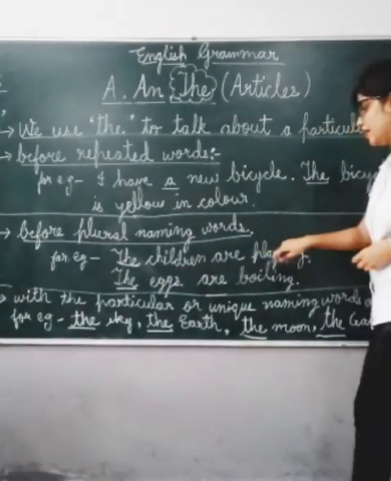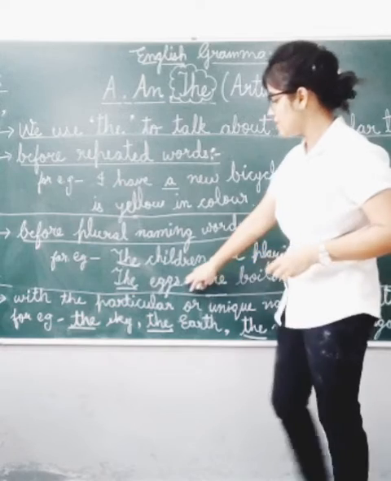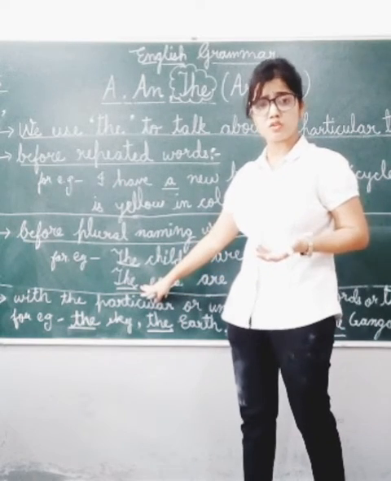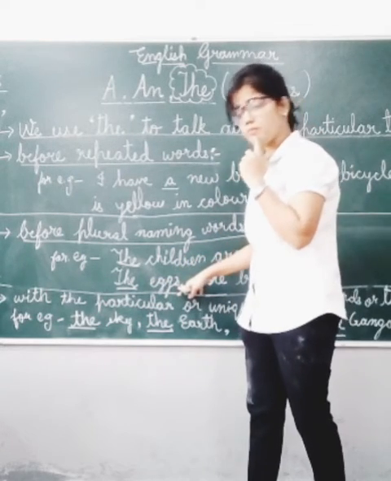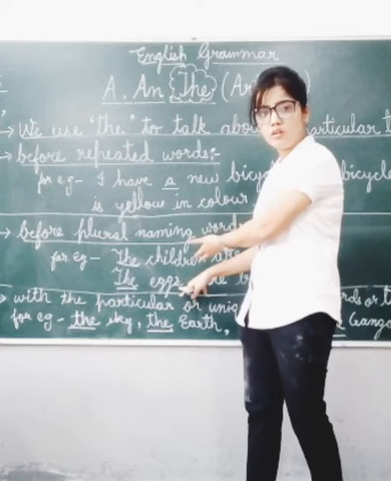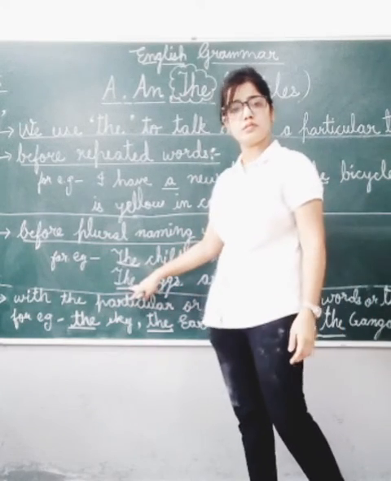The children are playing. The eggs are boiling. It doesn't matter whether the word starts with a vowel sound or consonant. If it is a plural naming word, then we will surely use the.